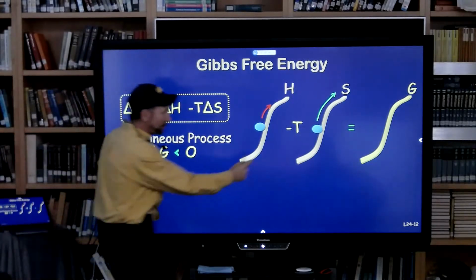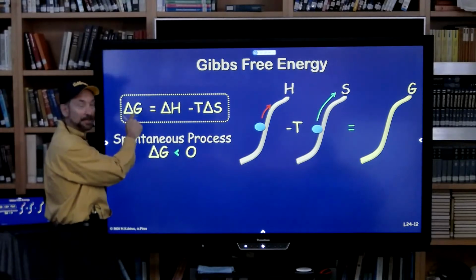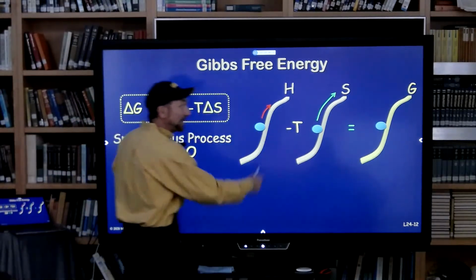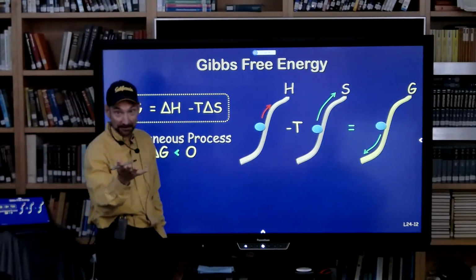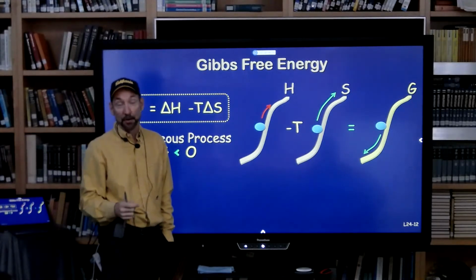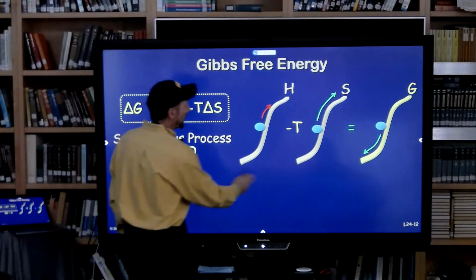So this term is going to tend to make the free energy negative. And if this term is big enough, then you can roll down the free energy hill. And it's the free energy hill that determines the overall spontaneity of the system, whether the reaction goes.